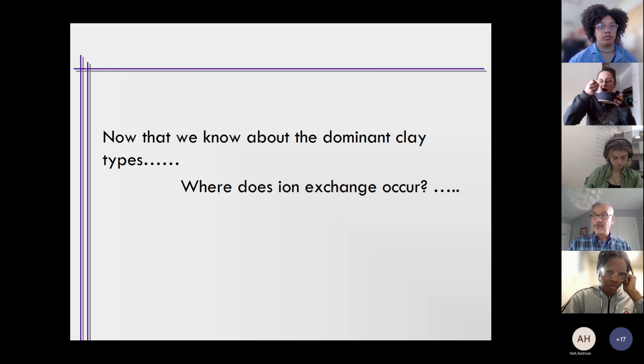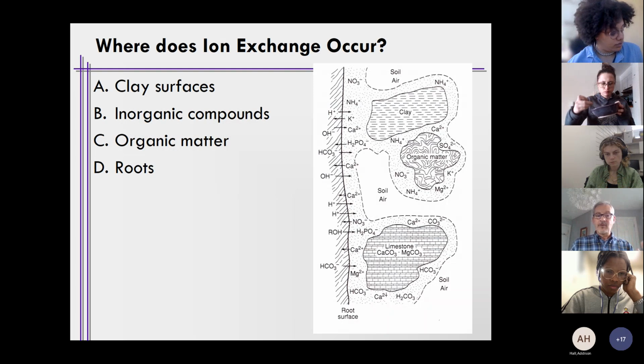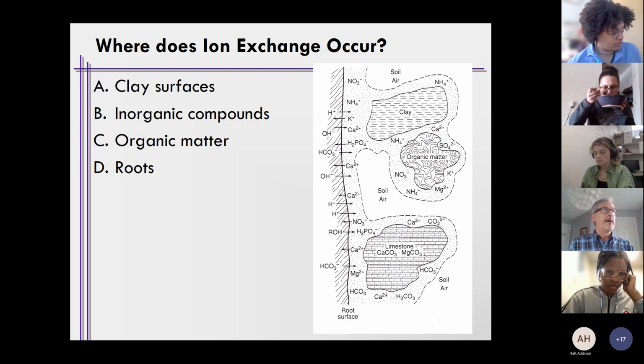It happens all over the place in soils, right? So you already learned about this picture. We talked about this already. We talked about ion exchange occurring on clay surfaces, or clay edges. It occurs on organic matter. That should have been letter B, but the edges of organic matter.